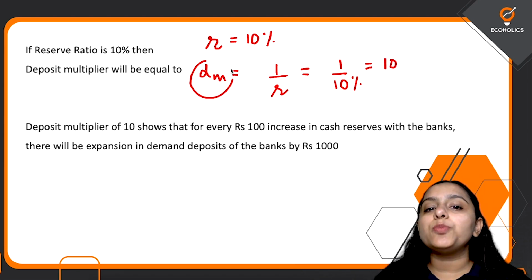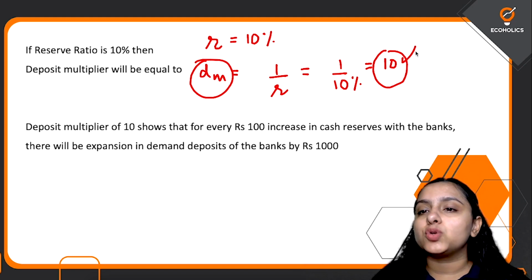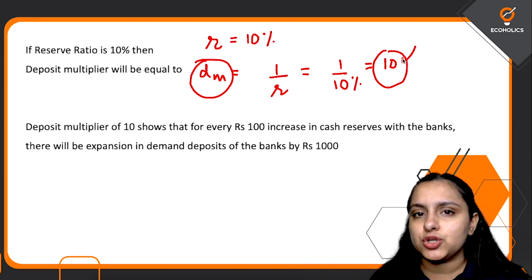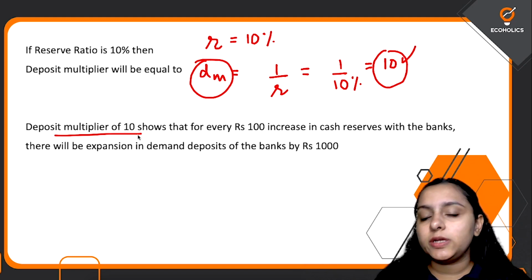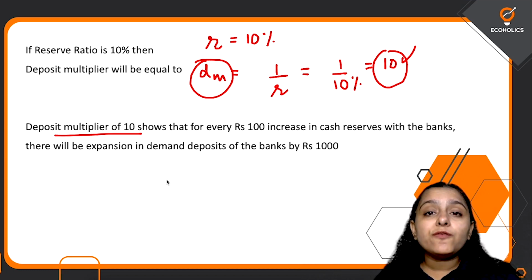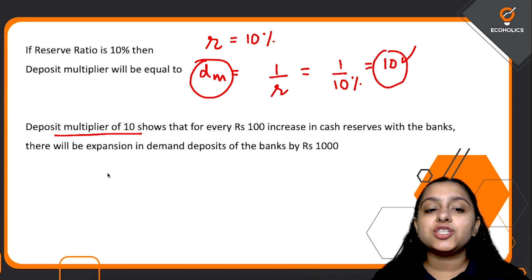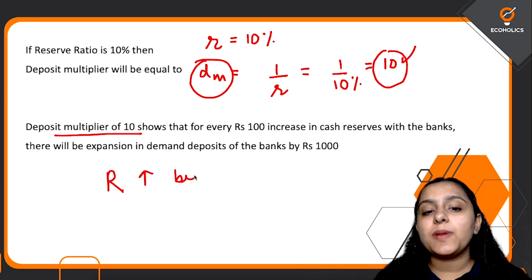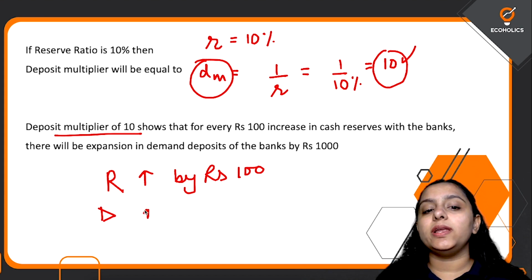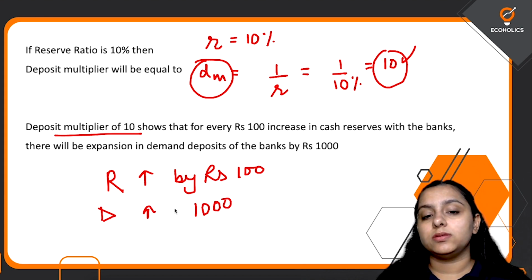So what does this deposit multiplier of 10 actually mean? What is the interpretation? A deposit multiplier of 10 shows that if the cash reserves increase by 100 rupees, the total deposits will increase by 1000 rupees.